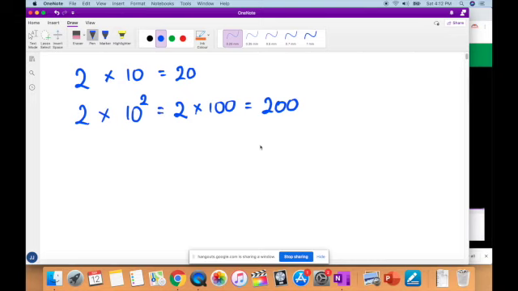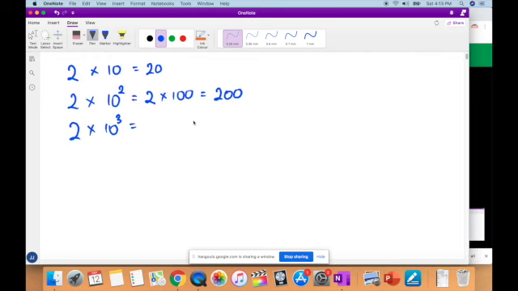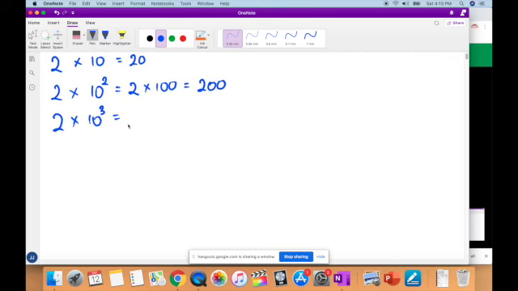Caitlin, you following? Yeah. Because you are characteristically quiet. What is 2 multiplied by 10 cubed? 2000. How did you get that?